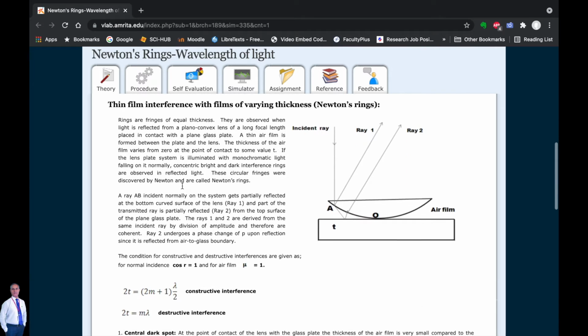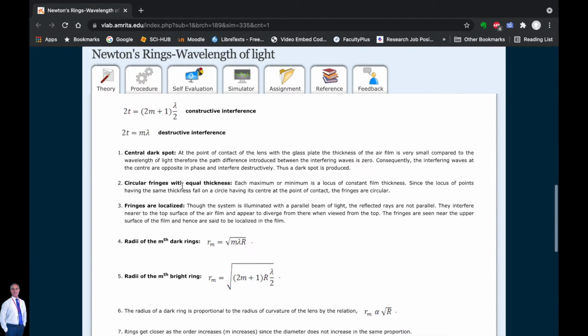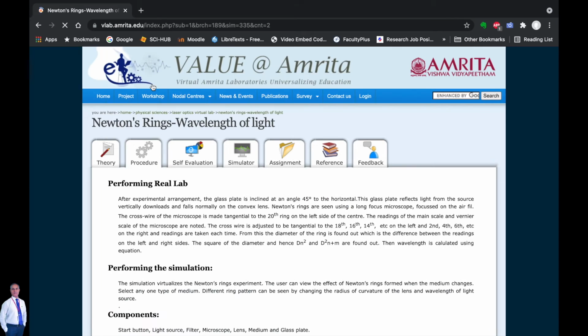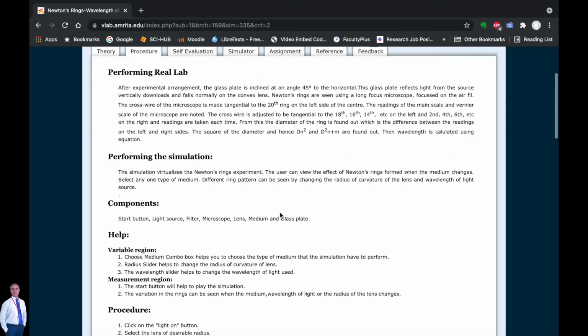Let's see first of all what is the first observation. Several tabs: theory, procedure, self-evaluation where MCQs related to the Newton's rings experiment are there, and then simulator, some assignments and references. You would just go through the theory, procedure and all these steps. Observation tables, everything is given. Anyway, we are very much interested in the simulation.